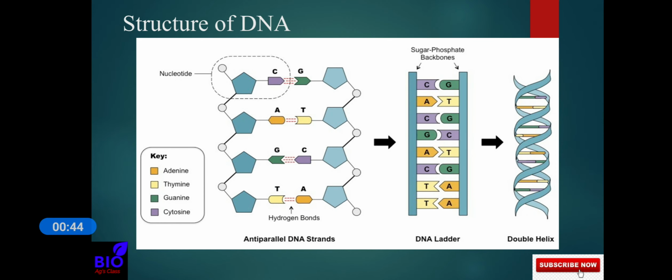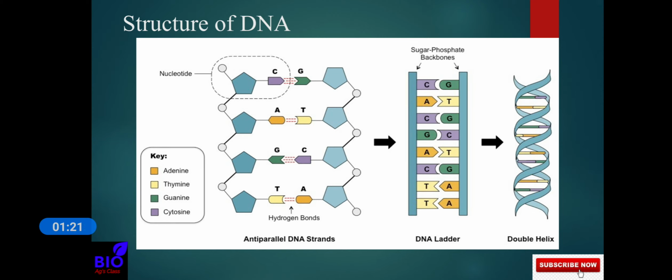As you know, DNA is a nucleic acid, one of the four major groups of biological macromolecules. All nucleic acids are made of nucleotides. In DNA, each nucleotide is made up of three parts: a 5 carbon sugar called deoxyribose, a phosphate group, and a nitrogenous base.